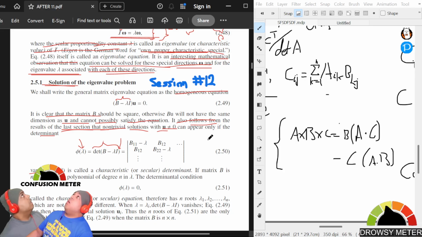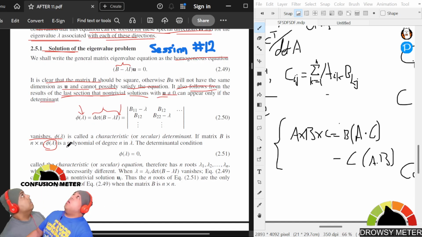If matrix B is n by n, phi of lambda is a polynomial of degree n in lambda.